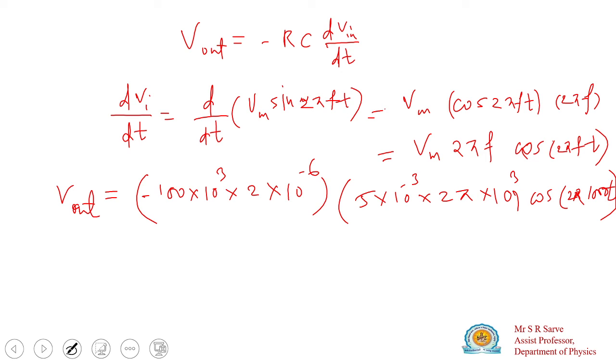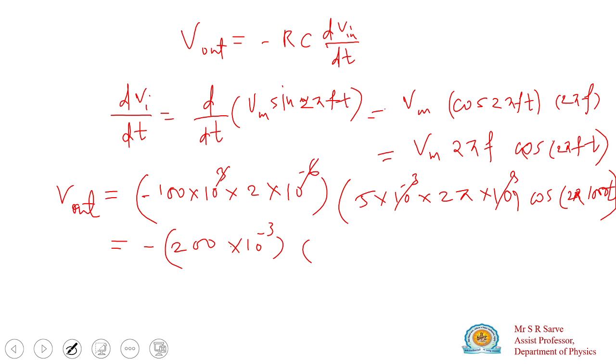Okay, so in this situation, 10 to the power 3 and 10 to the power minus 3 cancel. This is equal to minus 200 into 10 to the power minus 3, and this 2 will get cancelled.